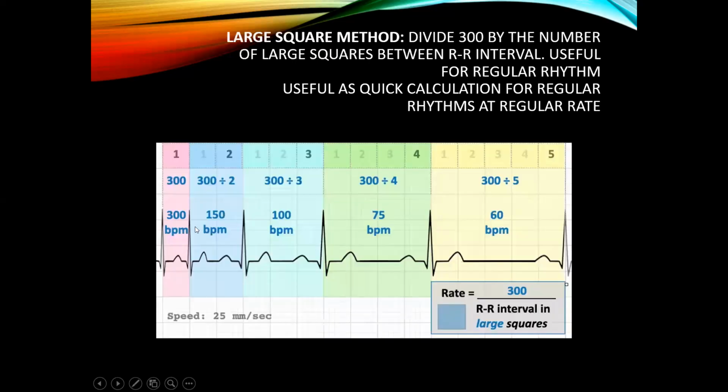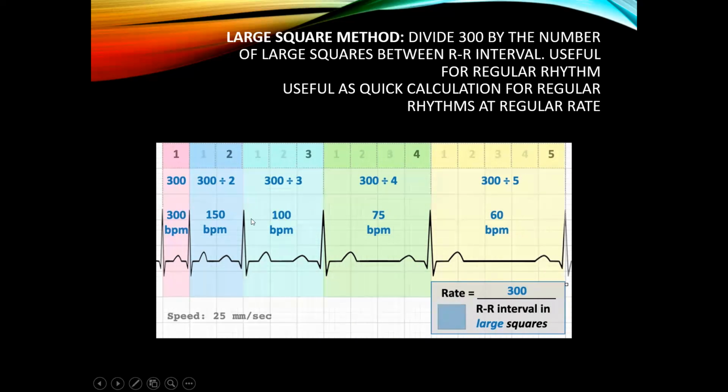So let's look at this. We said we divide 300 by the number of large squares between an R to R beat. So this is the R to R beat that we're talking about, okay? If there's just one large square, we do 300 divided by 1, which gives us 300 beats per minute.